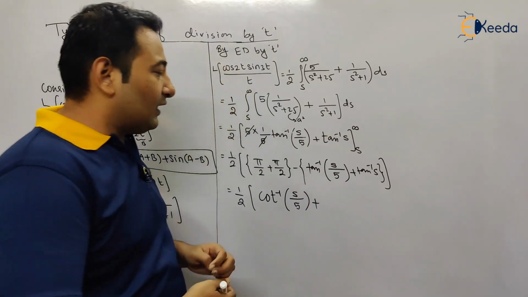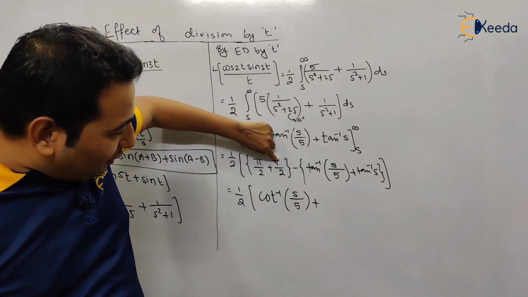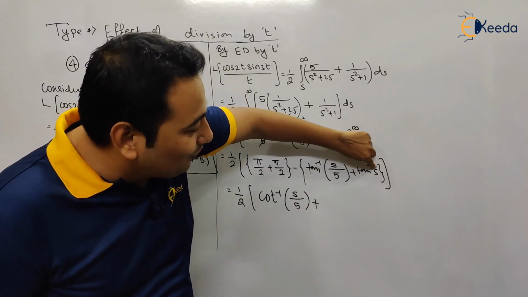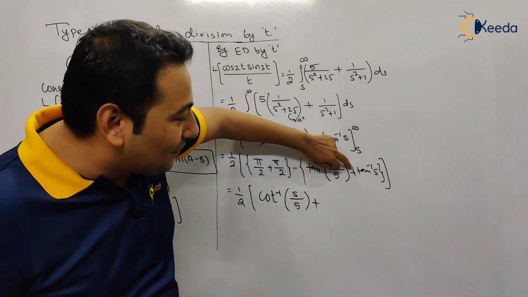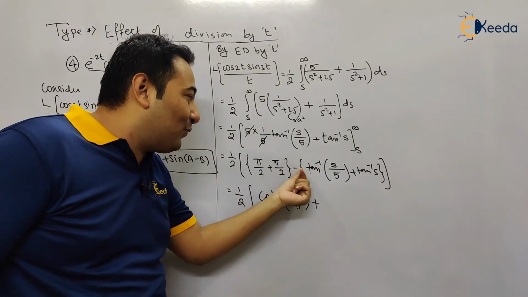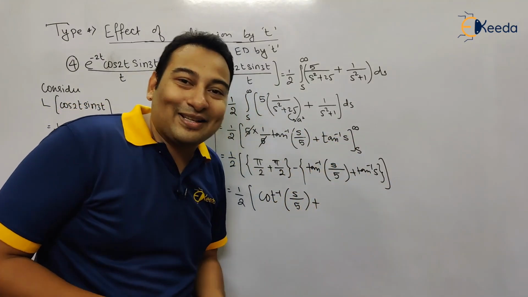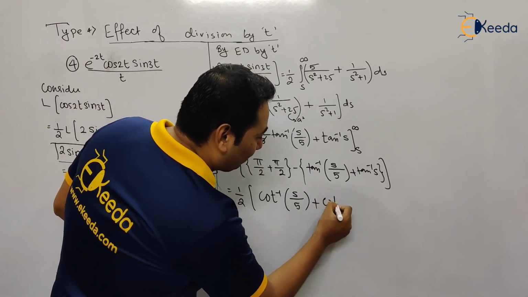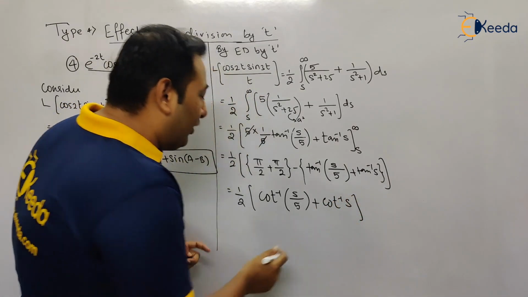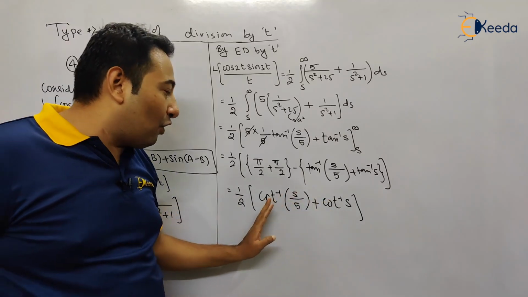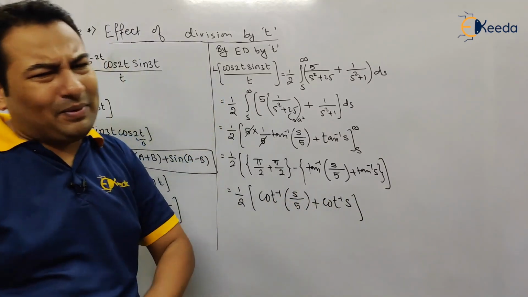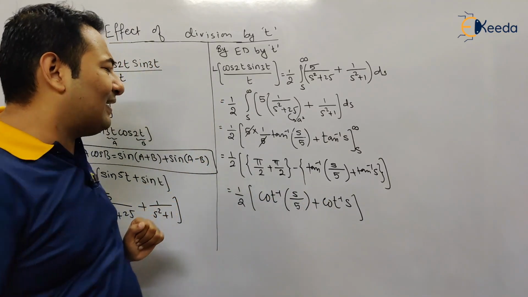Plus, next, this pi by 2 with this tan inverse s. Open the bracket, this will become minus tan inverse s. So pi by 2 minus tan inverse s is what? Cot inverse s. If you want, you can further simplify this with the formula cot inverse a plus cot inverse b, but I'm not doing it. We can keep the result as it is.